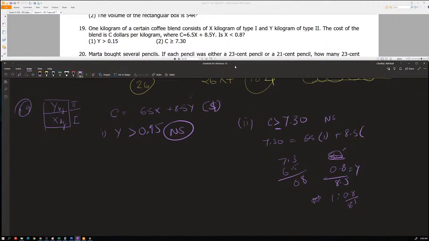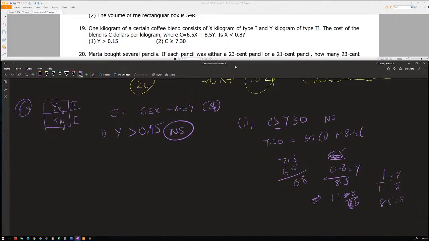In any case, at least I can do one thing good. I can make it kind of 8 upon 85. Remove the points. It would be like 8 by 85. If that is the ratio, 1 is to 8 by 85, then that would be equivalent to 85 is to 8.